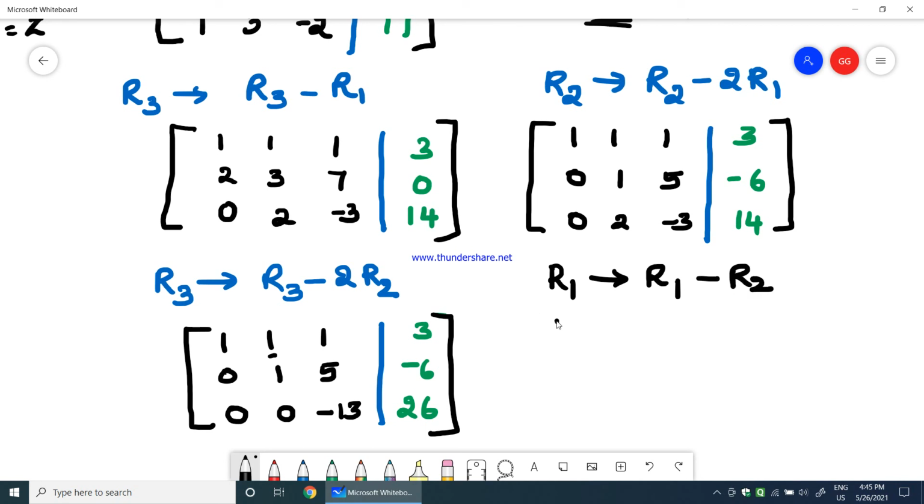So what will I get? Now 1 minus 0 will make 1 remain here. 1 minus 1 is 0. 1 minus 5 is minus 4. So 0, 1, 5, 0, 0, minus 13 will remain as it is.